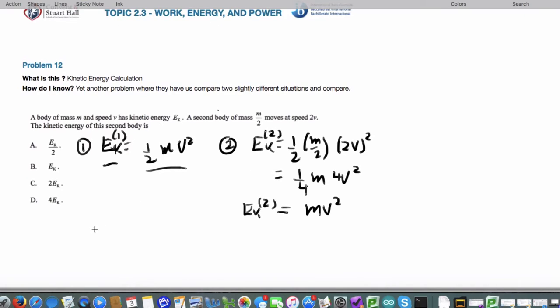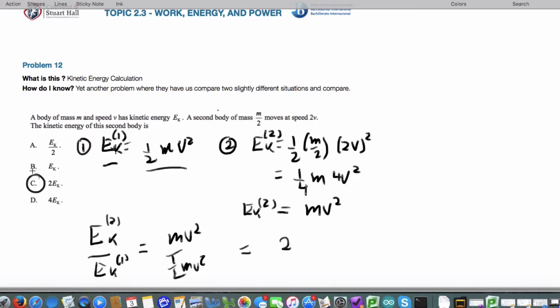So what this means is that EK2 over EK in the first situation is going to be mv squared over 1/2 mv squared. And when we actually get this fraction worked out, we're getting a ratio of 2, or choice C.